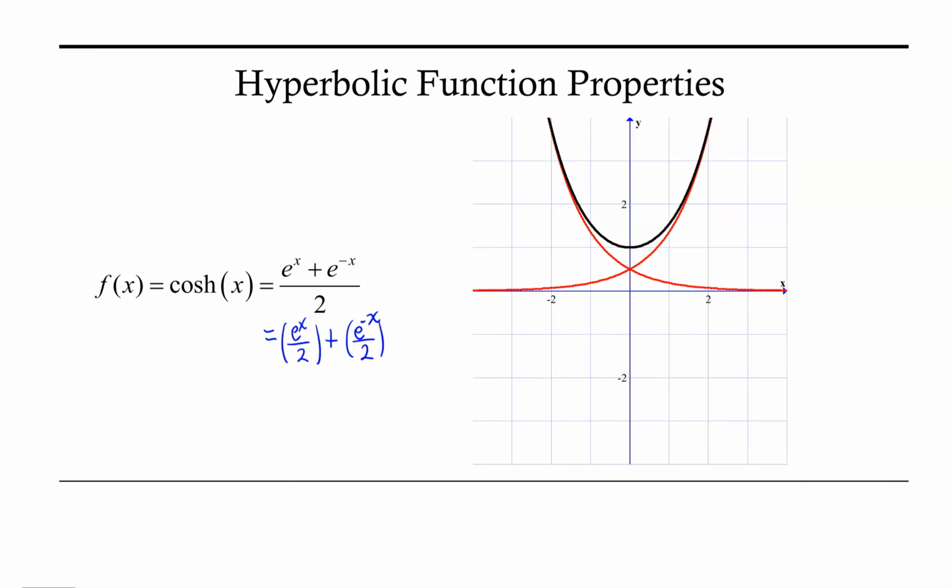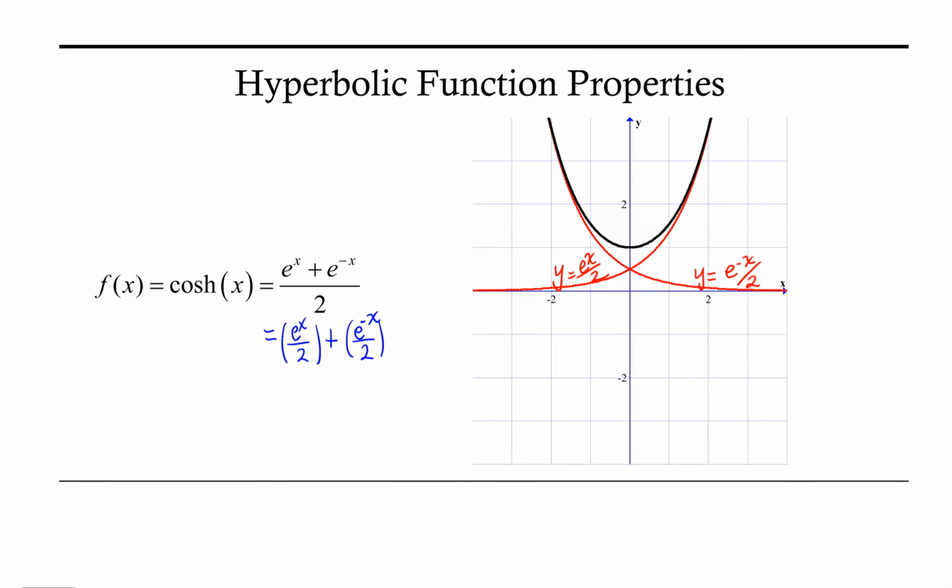So over here on our graph on the right, we have included these two components. So we would have y equals e to the negative x over 2 and y equals e to the x all over 2. And now cosh is the sum of those two function values.